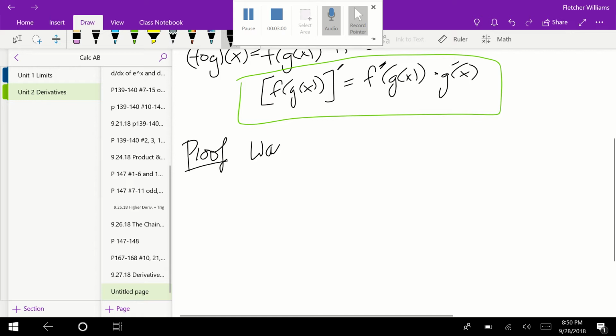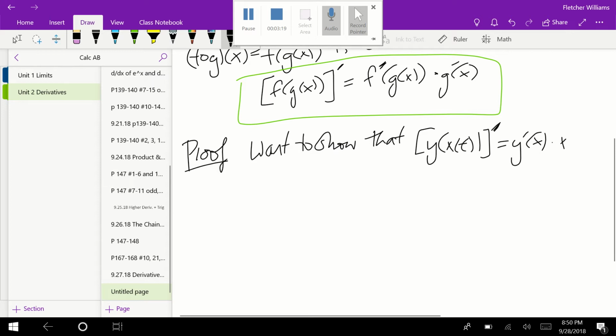So we want to show that the derivative of y of x of t equals y prime of x times x prime of t.